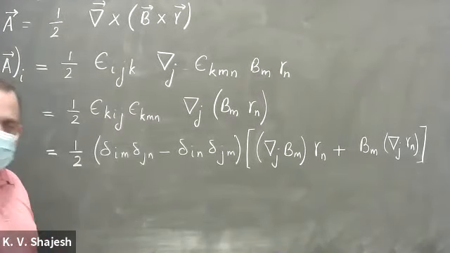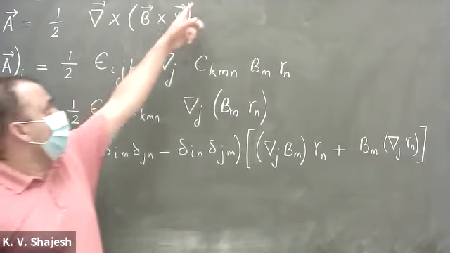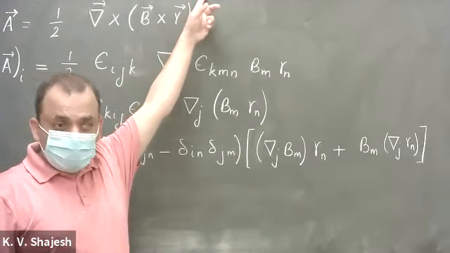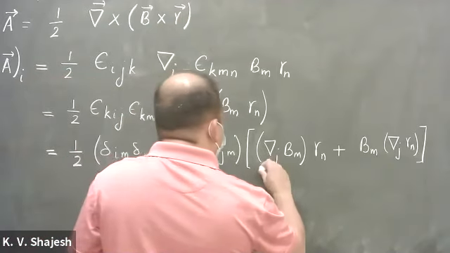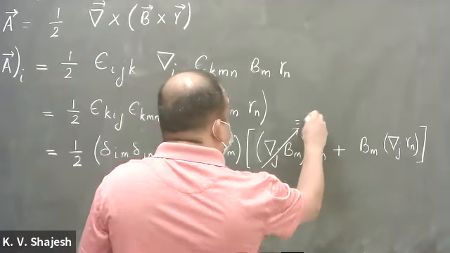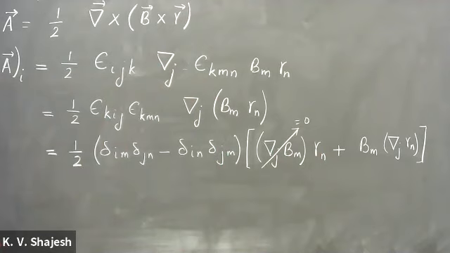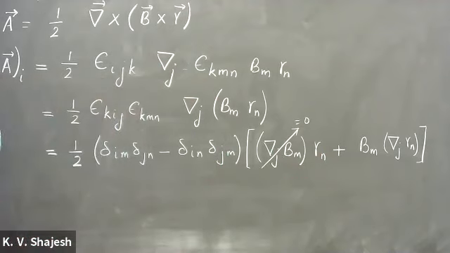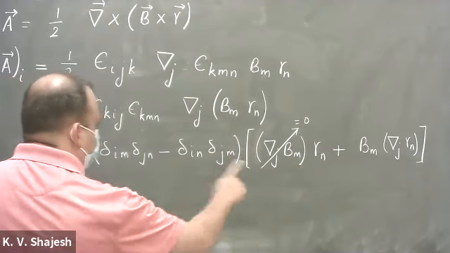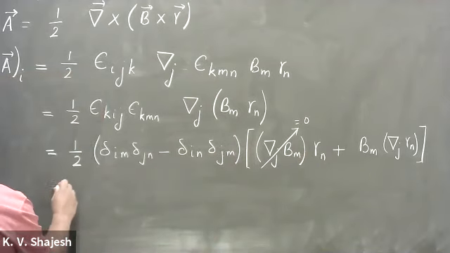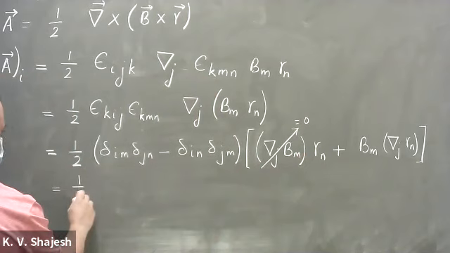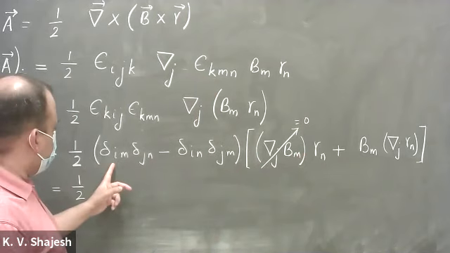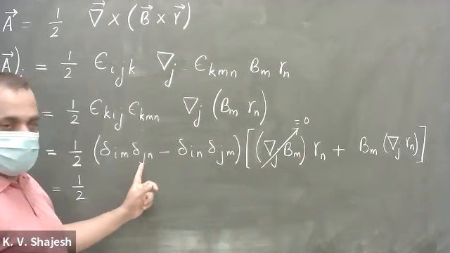Before we proceed further, notice I was specifically given that B is uniform, so this is 0. Derivative of a constant is equal to 0, so that does not contribute. If this is not there, there are only 2. Usually there are 4. So that's 1/2 times m can be replaced with i and n can be replaced with j.